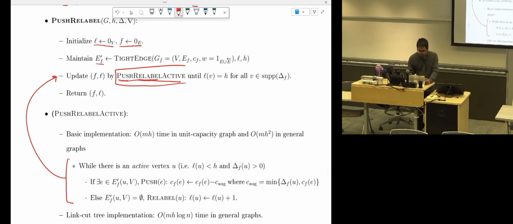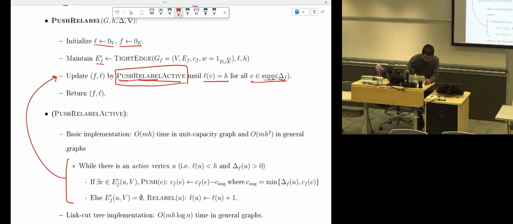We keep pushing or relabeling active nodes until every node that has excess, which is the support of the excess, has level h, maximum h.